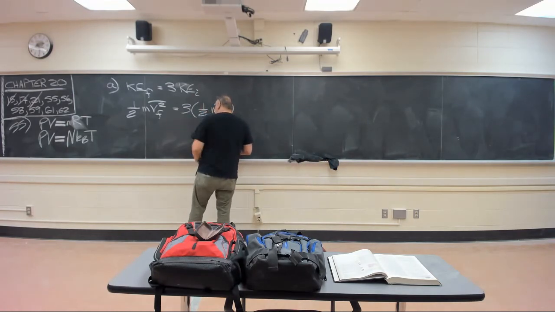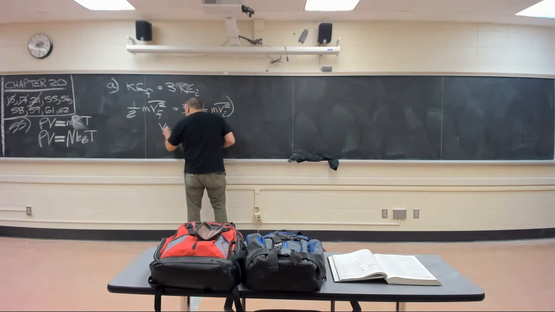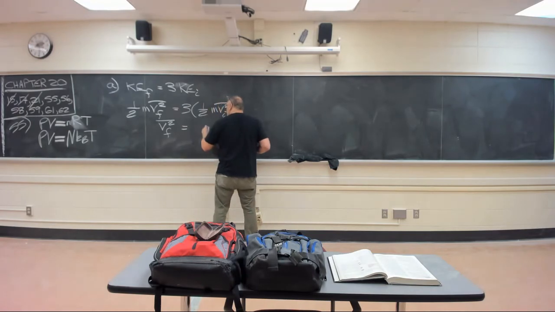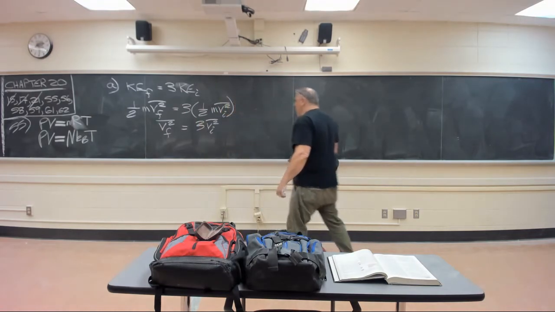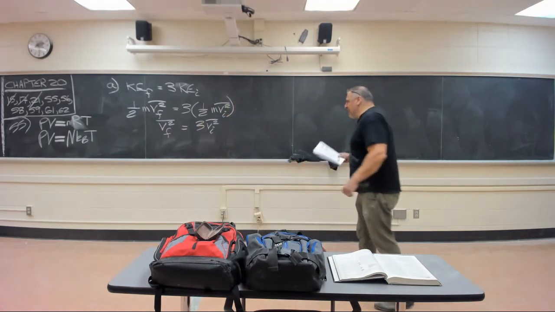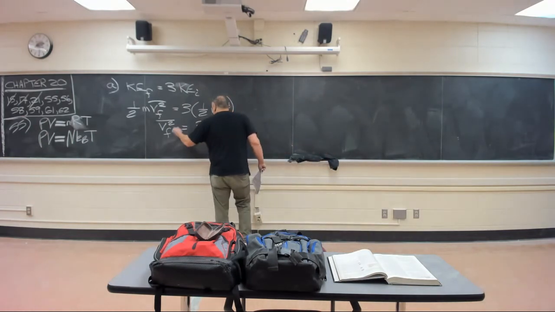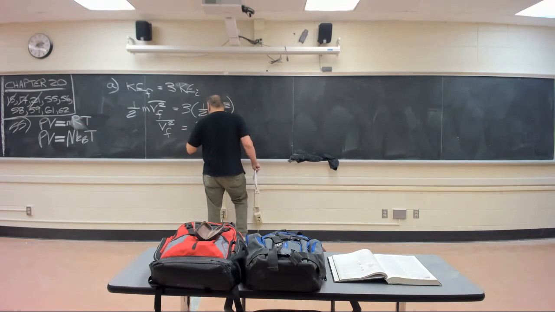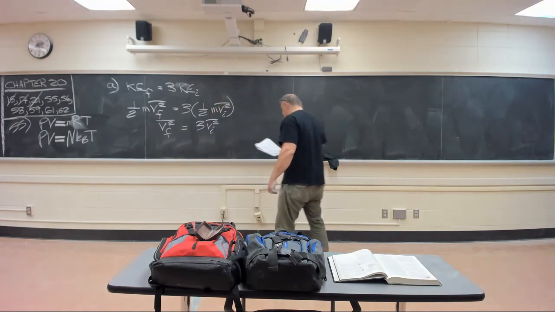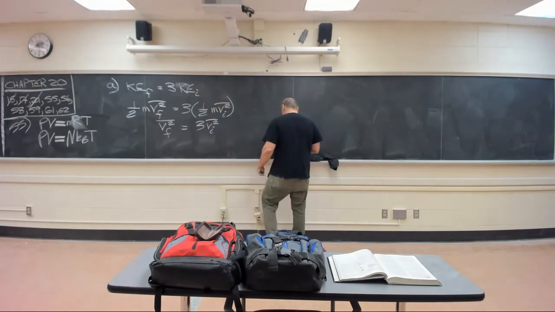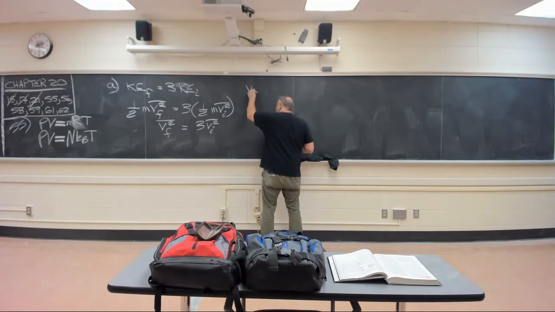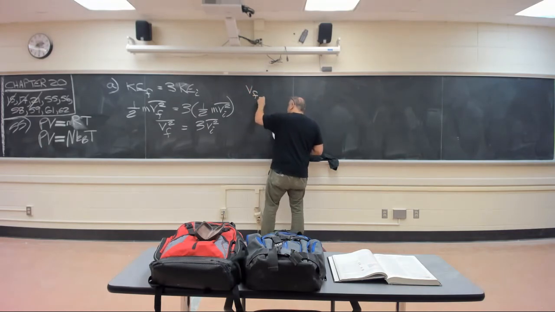Multiply by 2 on each side and divide by m. The average value of the squares of the final situation is 3 times the average value of the squares in the initial situation. What's going on here? Square root both sides, and I'll tell you.